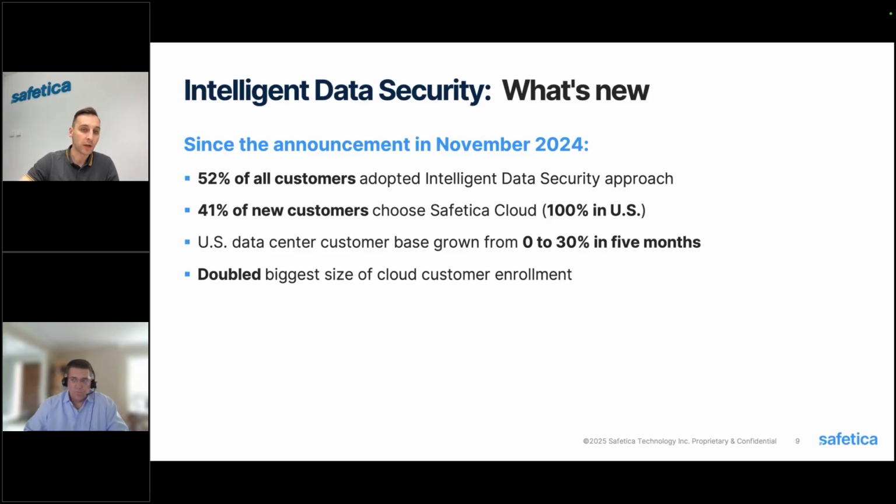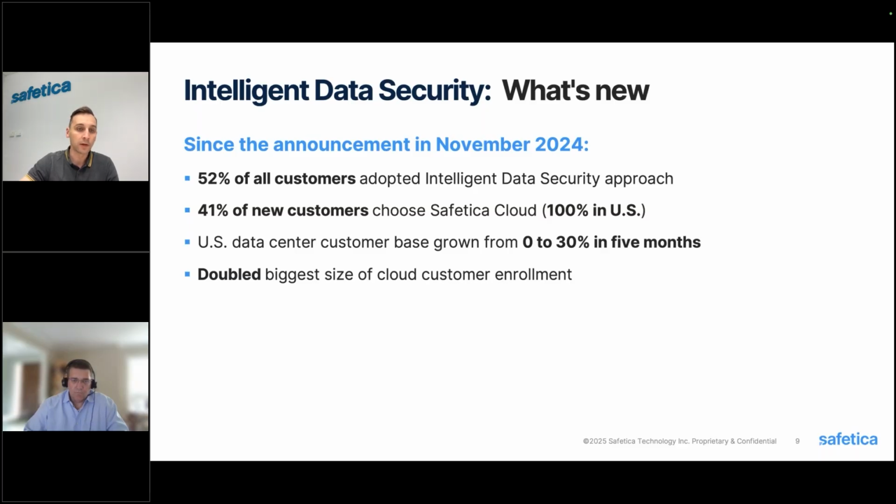And speaking of the cloud version, something that we also introduced this year is our new data center located now in the US for our customers on the other side of the globe, where we have a lot of customers already. You can see that within a couple of months, I believe since February, we've grown our customer base in the US data center to already 30% of our cloud customers, which is great.